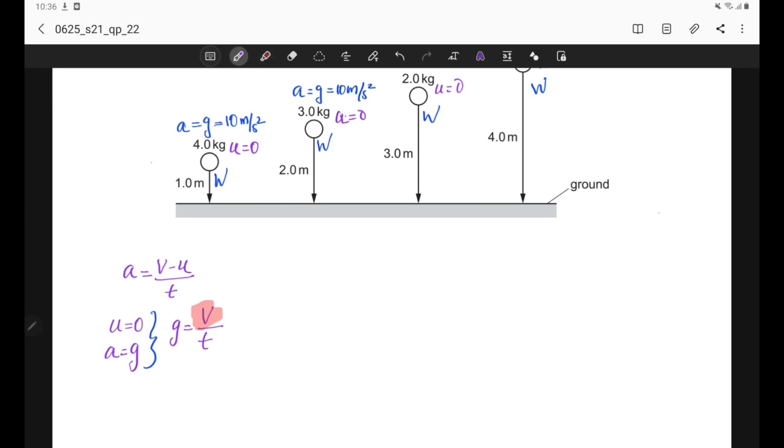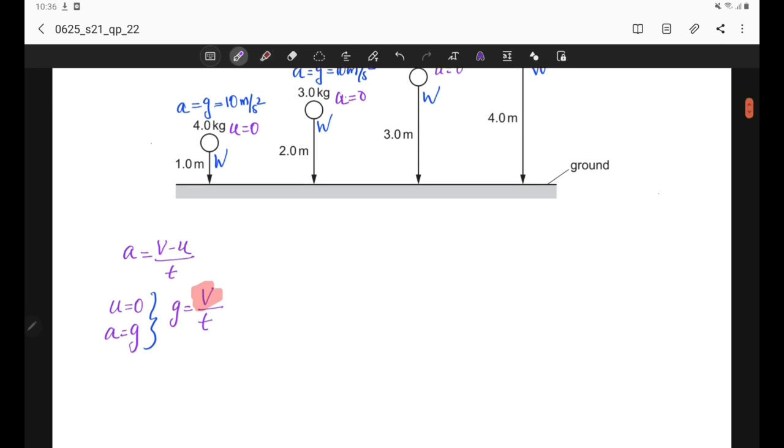So we will get v is equal to g times t. Here it is very clear that g, acceleration due to gravity, is a constant value, always 10. Since it is a constant, from this relation we can understand the velocity is directly proportional to time.